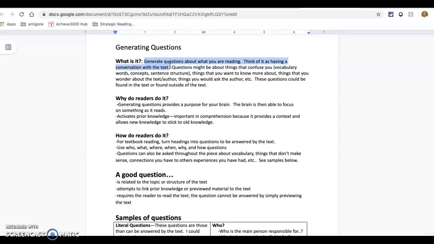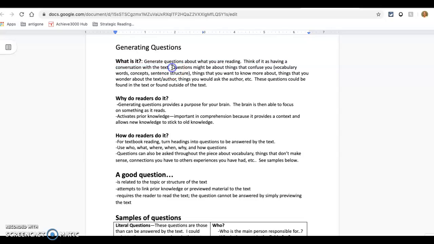I have been guilty many times where I'm reading along and all of a sudden I'm just reading words, but I'm thinking about what I need to do at home, what we're having for supper, that load of laundry that needs to be done, my kids need to be taken here, there, everywhere. And I need to go back and reread because technically I read the words, but I didn't understand it. So your brain always has to be engaged. It's an active process, and generating questions is just having a conversation with the text.